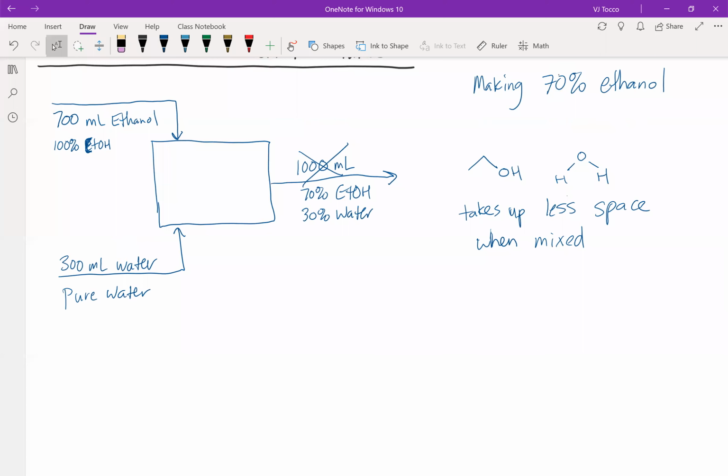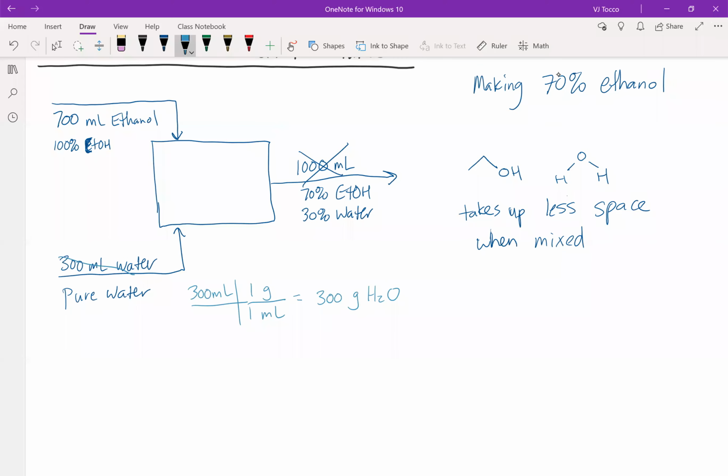So what is the proper way to solve this problem? I would have to do a mass or a mole balance. So a mass balance in this case is easier. I would get rid of this volume of water. I would say that 300 milliliters of water, when you convert it to mass, 1 milliliter is 1 centimeter cubed, so 1 milliliter per 1 gram of water, and that would give me 300 grams of H2O.